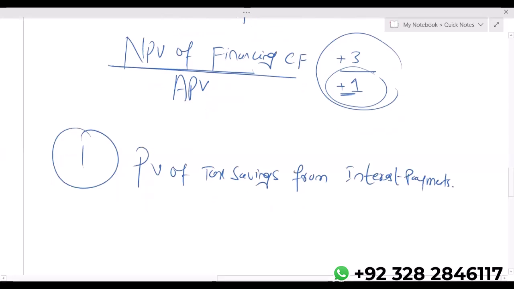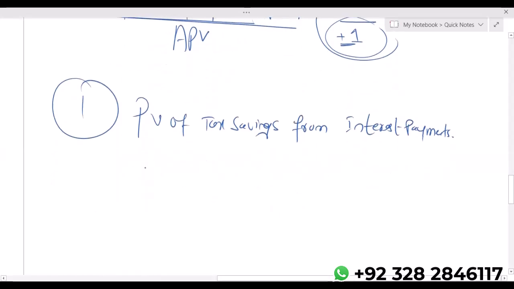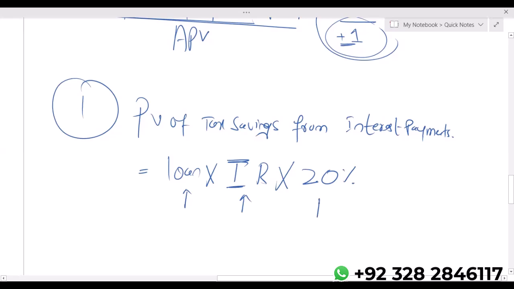How do we calculate this? Very simple. I will take the amount of loan, multiply by the interest rate which we are paying, multiply by the tax rate. Logically, loan times interest rate times tax rate gives you the tax saving. Loan times interest rate results in interest payment; times tax rate, it results in tax saving.